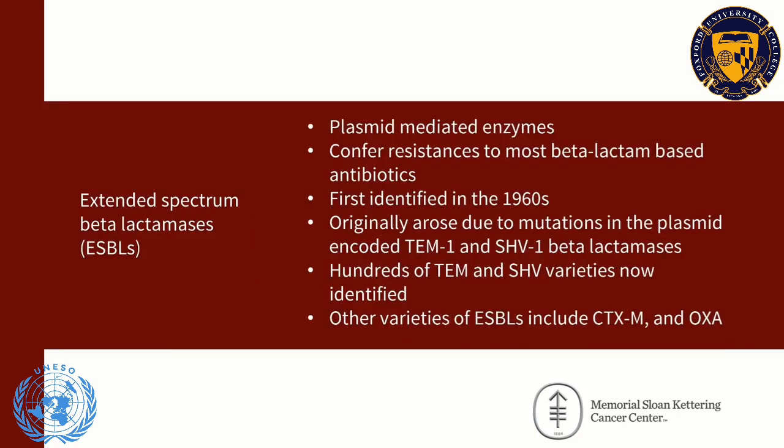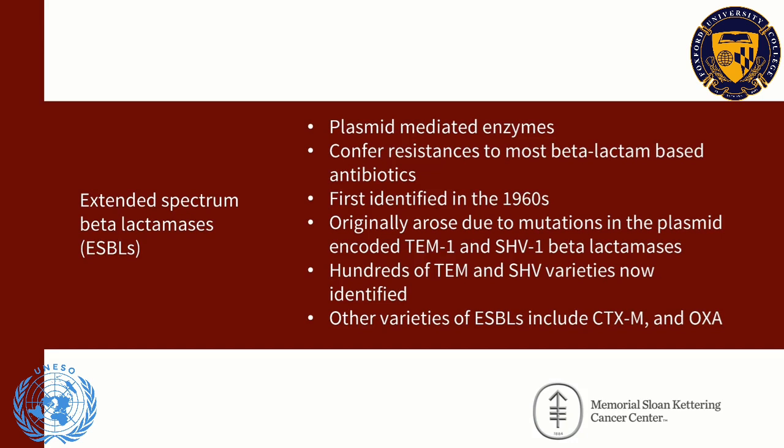Until recent years, much of the concern about gram-negative resistance has focused on expression of extended-spectrum beta-lactamases, abbreviated ESBLs. ESBLs are plasmid-mediated enzymes that confer resistance to most beta-lactam-based antibiotics, and they were first identified in the 1960s and increasingly recovered from patients, especially in Europe, throughout the 1980s and 90s.